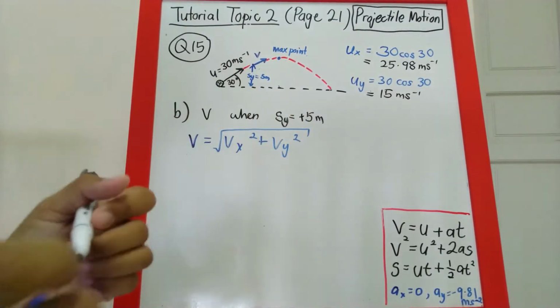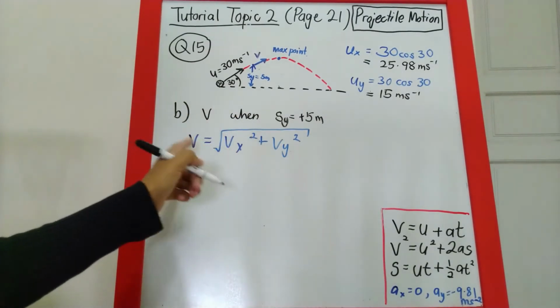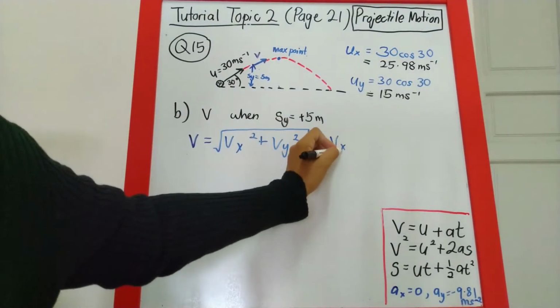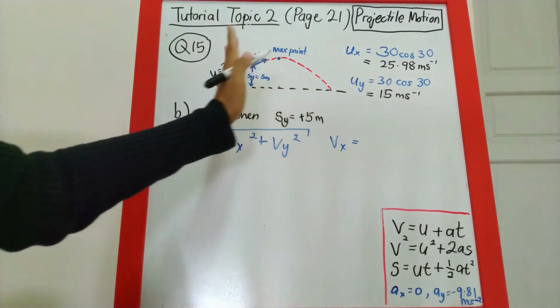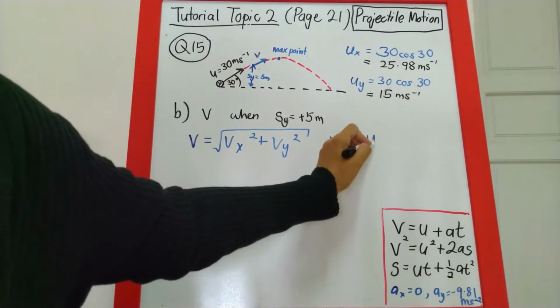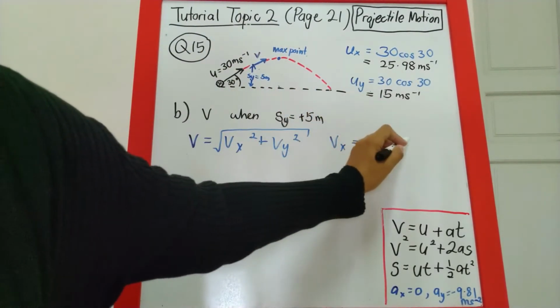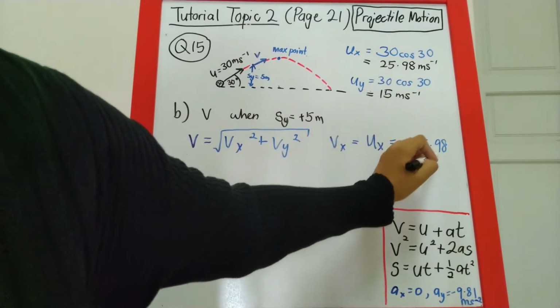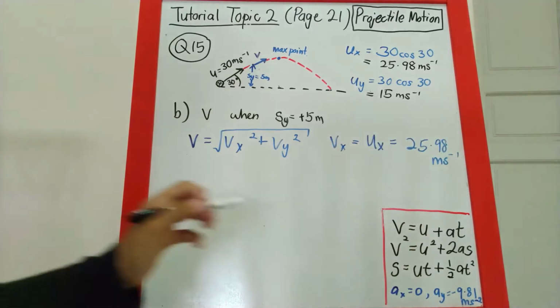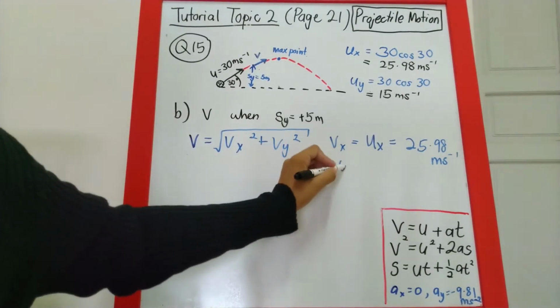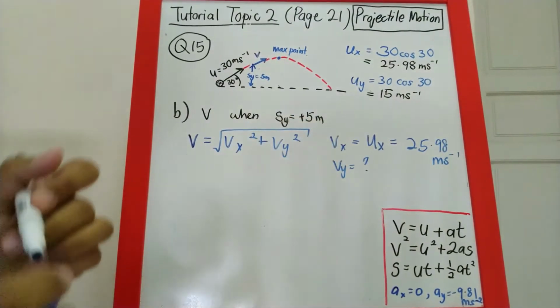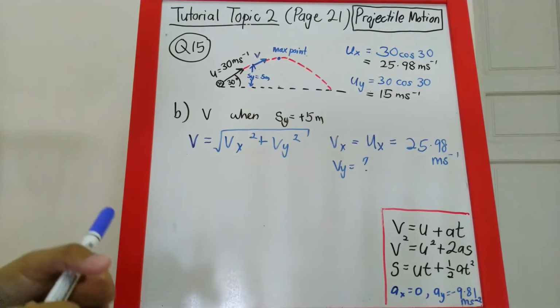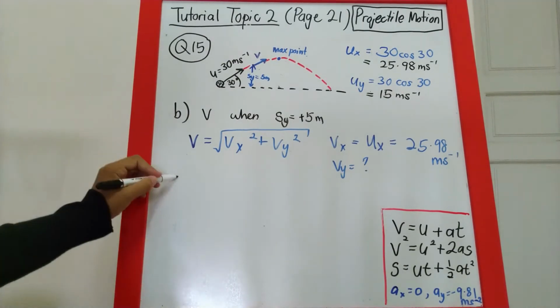Based on this, Vx will always equal Ux. Therefore, we have the value for Vx already. All we need to do is find Vy. In order to do so, let's do SUVAT analysis.